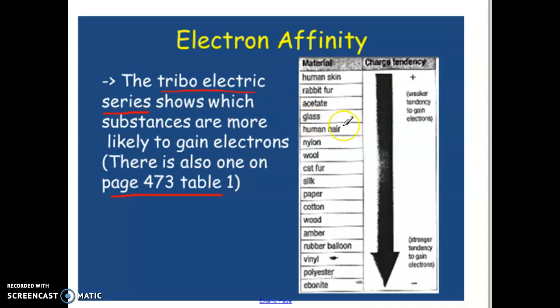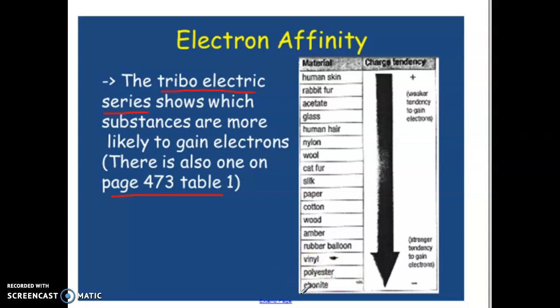Meaning the items closer to the top are very bad at holding on to their electrons, so they lose electrons pretty easily. As you go further and further down this chart, the tendency becomes to gain electrons.